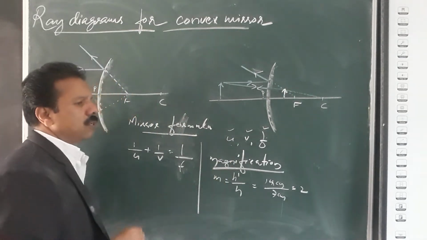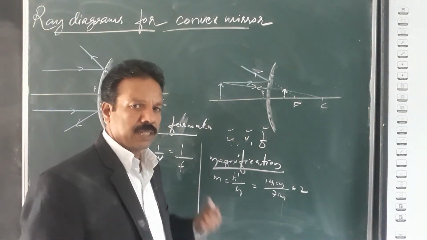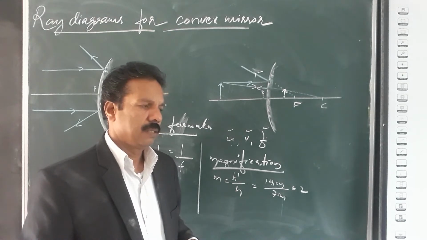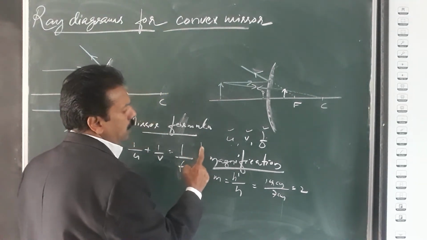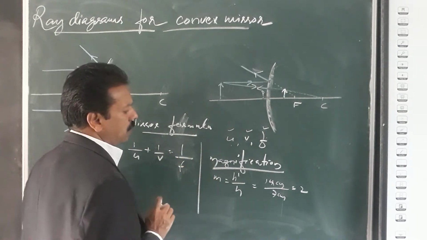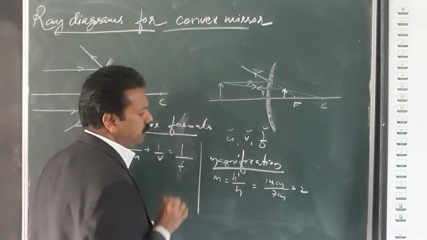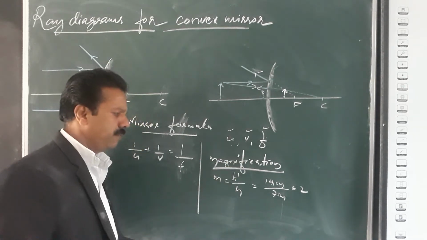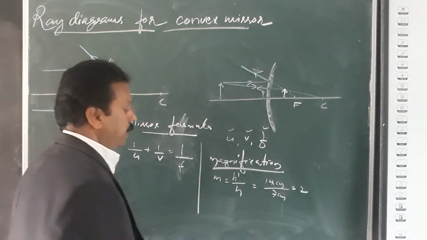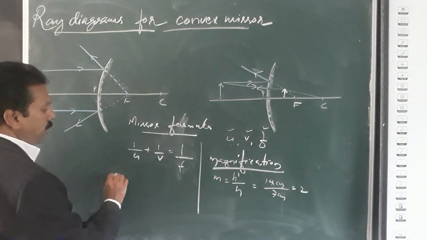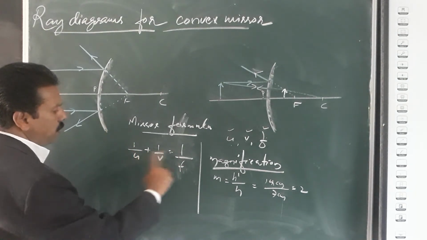In the case of concave mirrors, the image may be inverted or erect. How small or big the image is in connection with the size of the object is known as magnification.